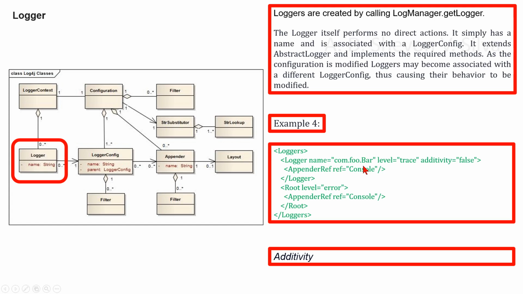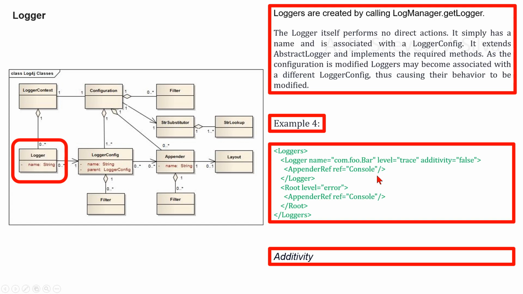Next, the parent of com.foo.bar, which in this case is the root logger, is referenced. This event is then passed to this appender, which also writes to the console, resulting in a second instance. This is known as additivity.